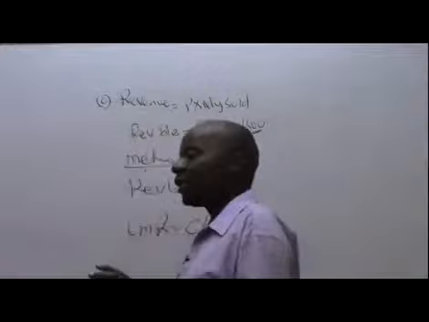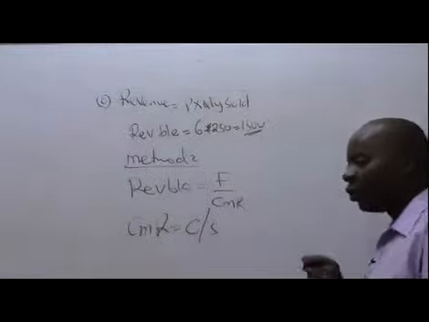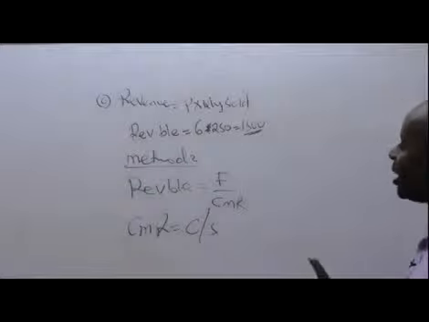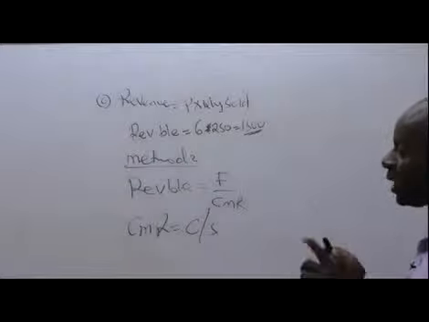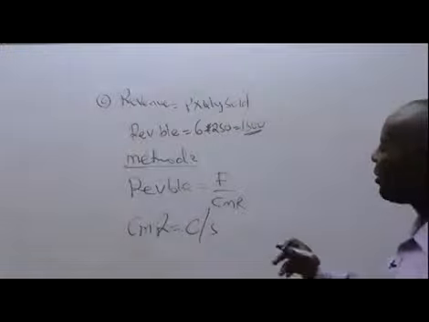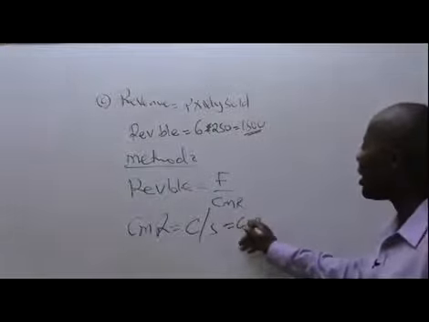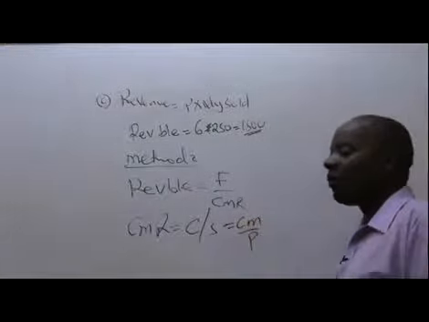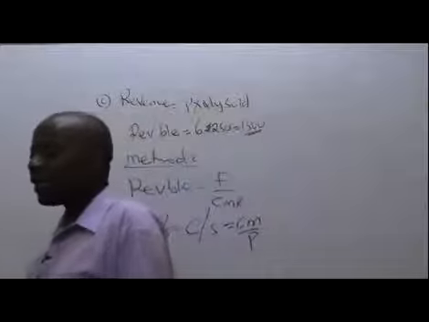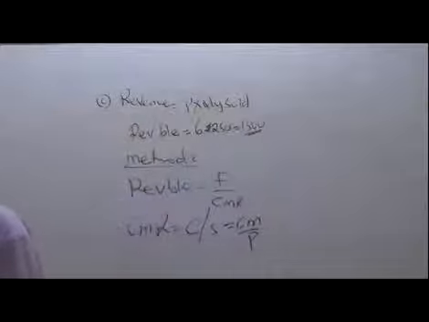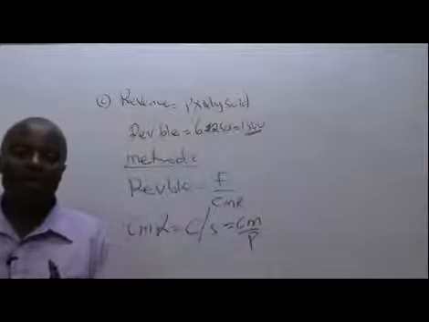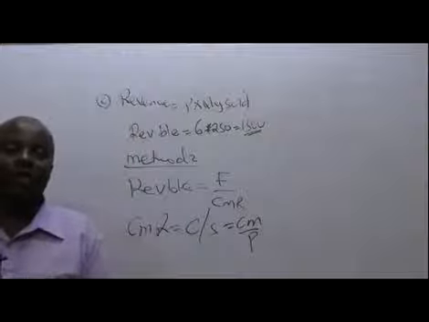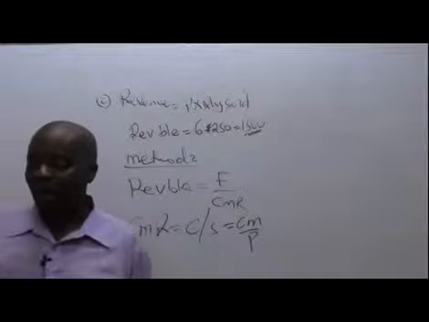The question that I would want to pose to you, greatest students of mine, is how do we get this CMR? To get CMR, ladies and gentlemen, we normally take CM over what here? Over price. We take CM, which is contribution margin, contribution per unit, divided by selling price.